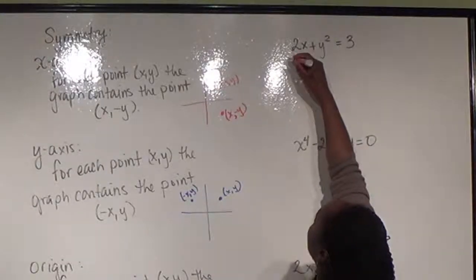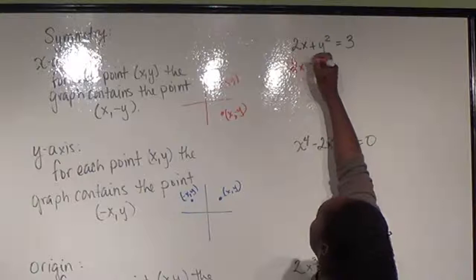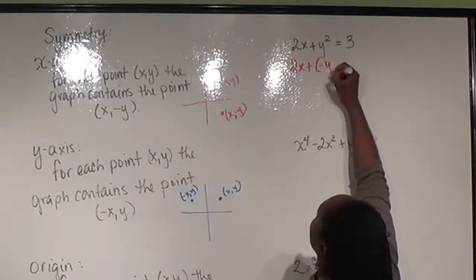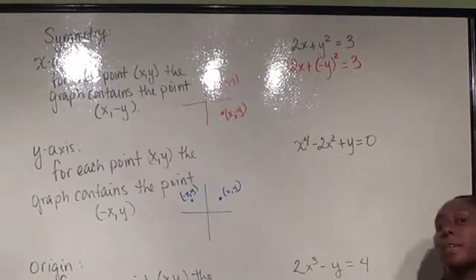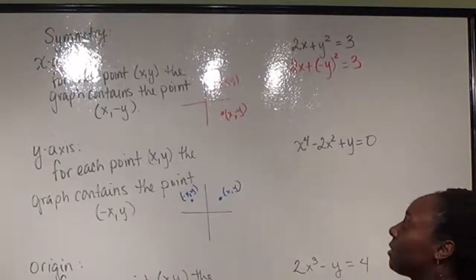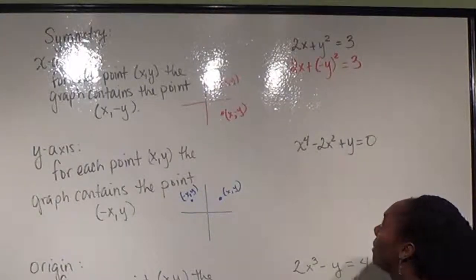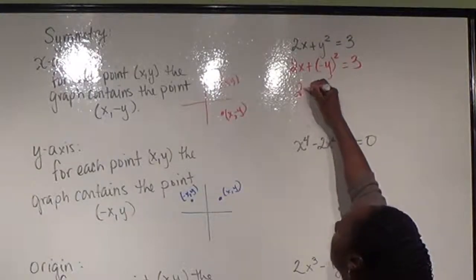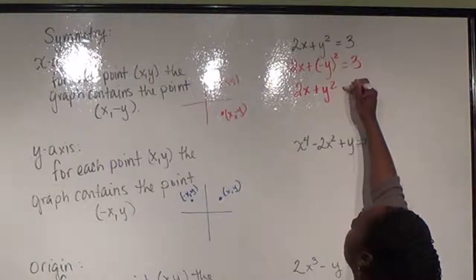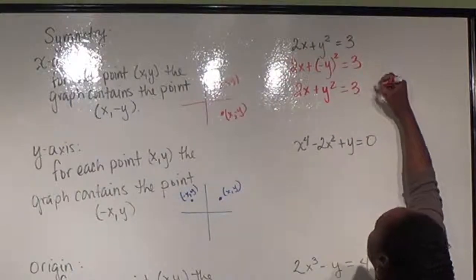So for example here, if I take this expression and substitute in negative y for the y, and simplify it down, if I get the same thing, then I know it has that symmetry. Here we can see when I square a negative, that's the same thing as just y squared.